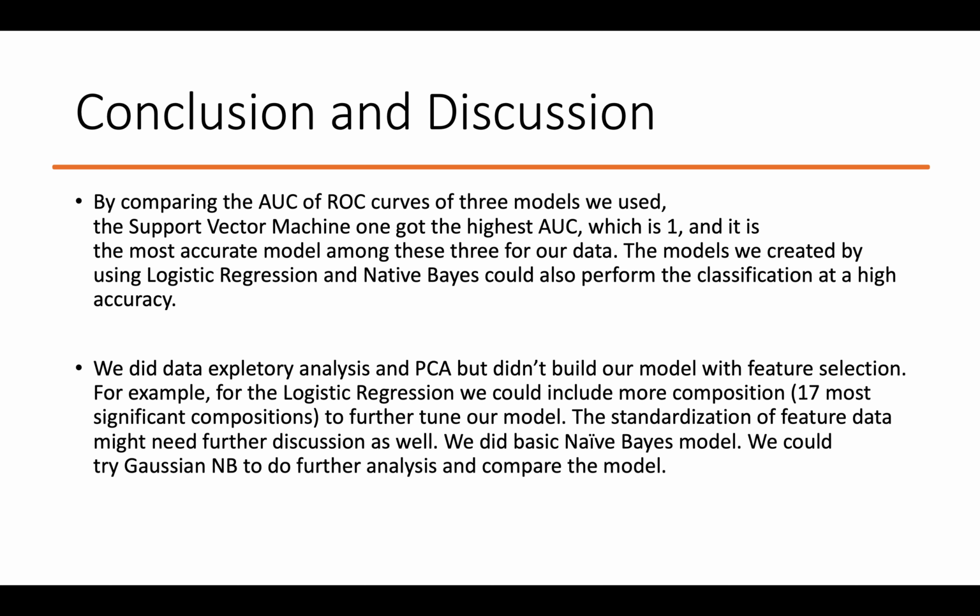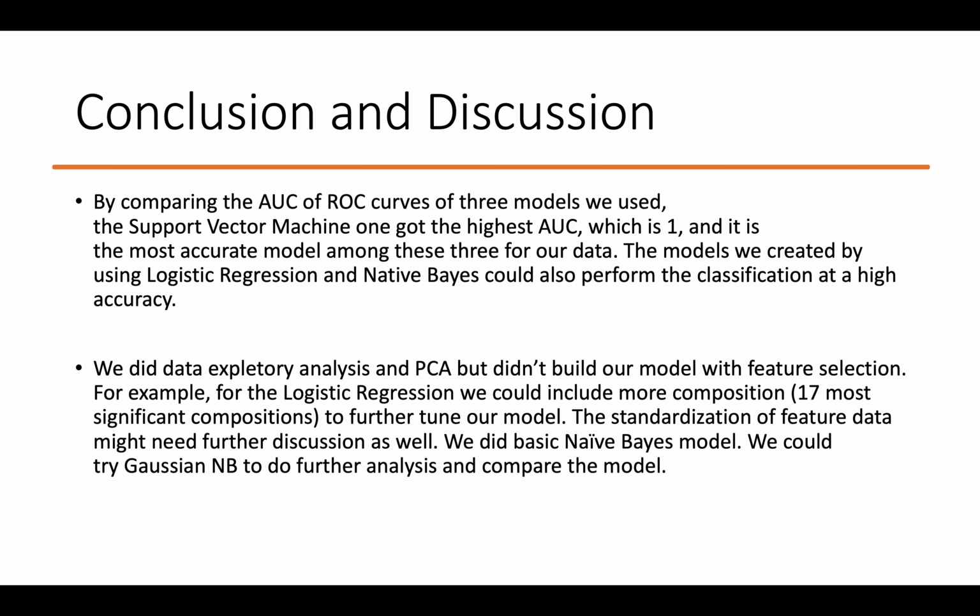We did some exploratory data analysis and PCA, but we didn't build our model with further feature selection. For example, for the logistic regression, we could include more components, like the 70 more significant ones, to further tune our model and do some comparison.